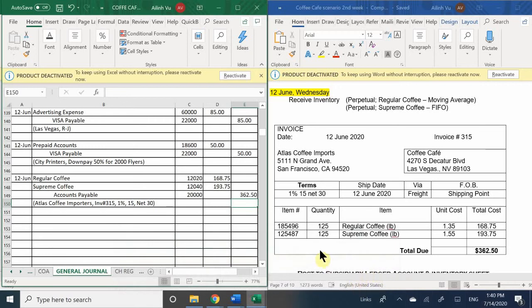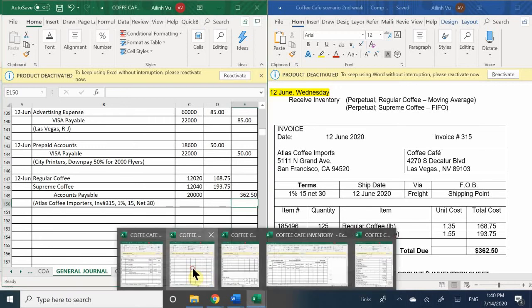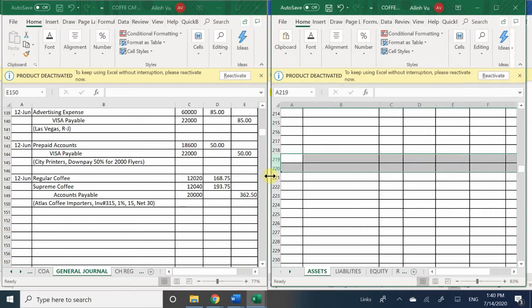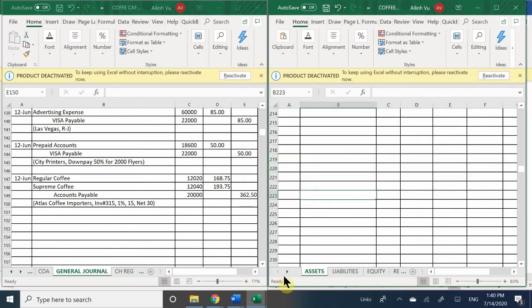The general ledger. Let's copy everything that you see on the journal into the ledger. Where do I need to go first?